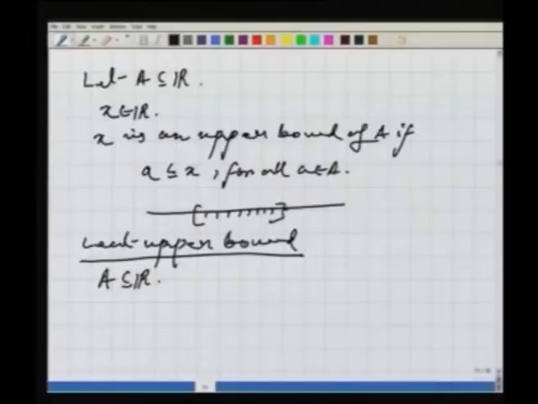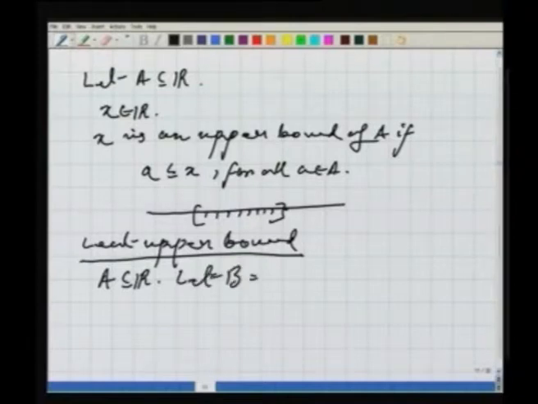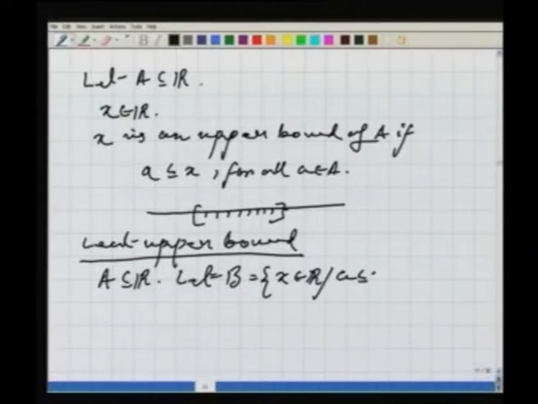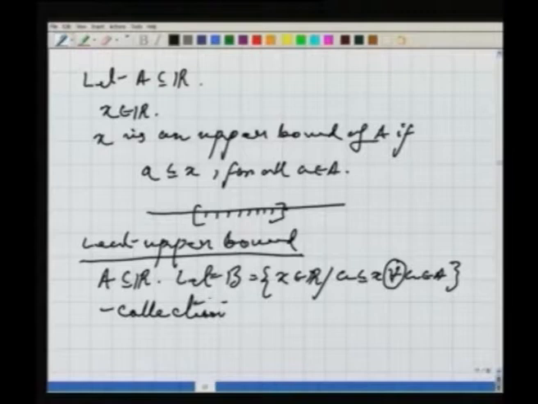Let A be a set again, and let B be the collection of all real numbers x in R such that a is less than or equal to x for all a in A. By this symbol I mean for all. Then what is B actually? This B is just the collection of all upper bounds.